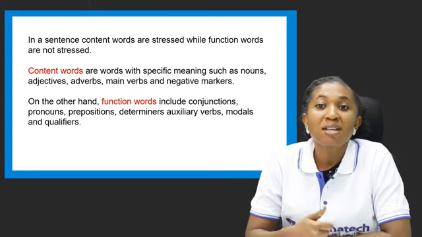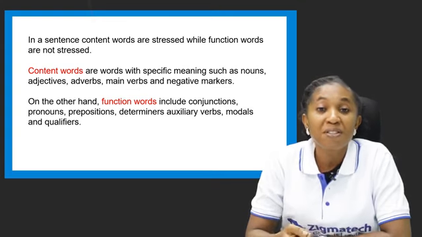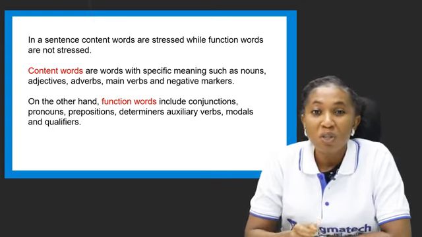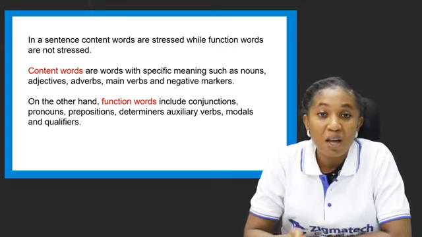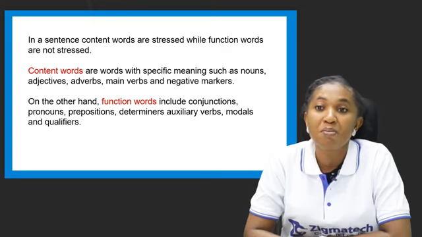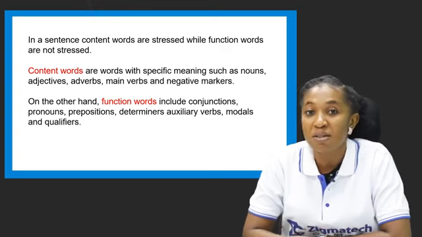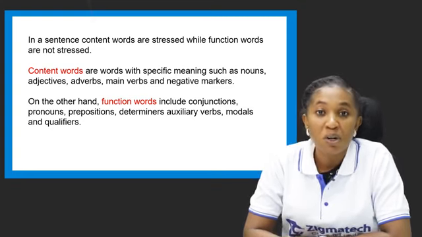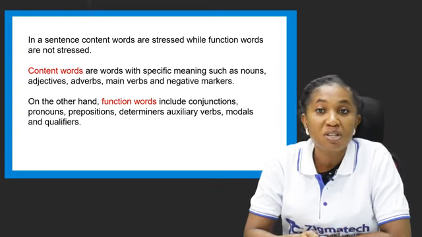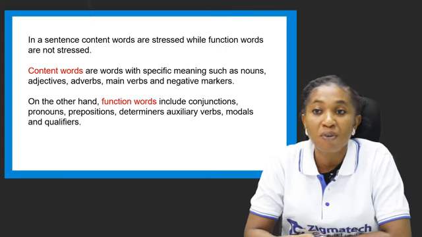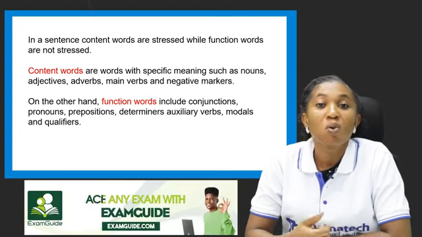Content words are words which carry specific meanings in sentences, such as nouns, adjectives, adverbs, main verbs, and negative markers. By negative markers, we mean words like not and never. On the other hand, we have function words. Function words include conjunctions, pronouns, prepositions, determiners, auxiliary verbs, modals, and qualifiers.